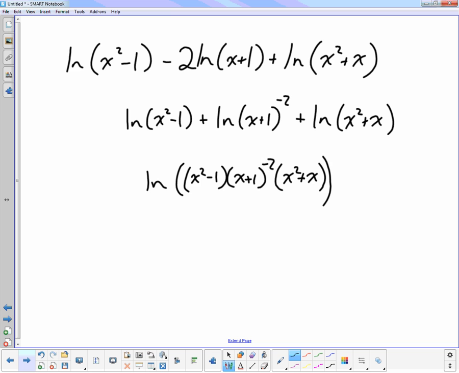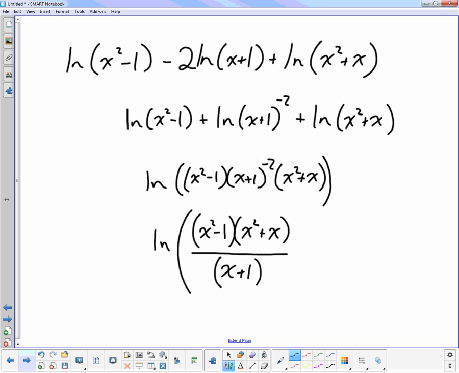Yes, that factors. The middle term becomes a negative, because it's a negative exponent, it comes down below.